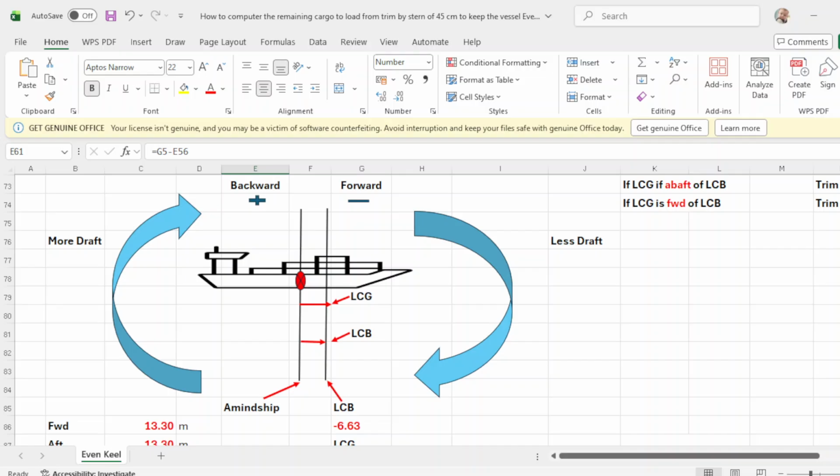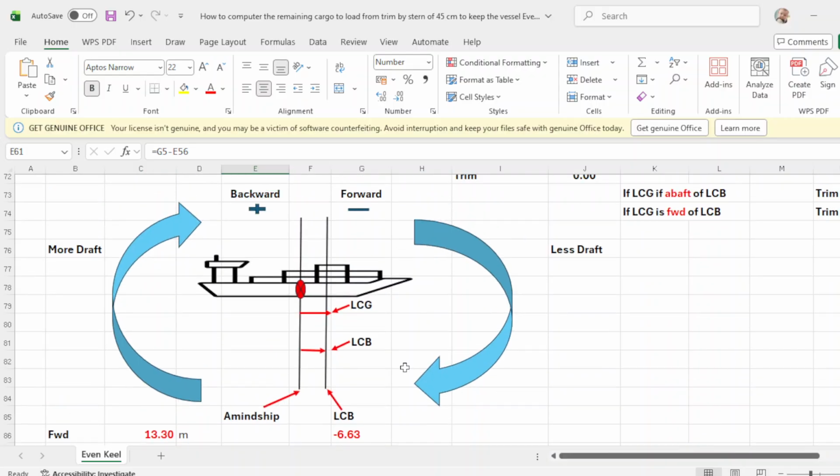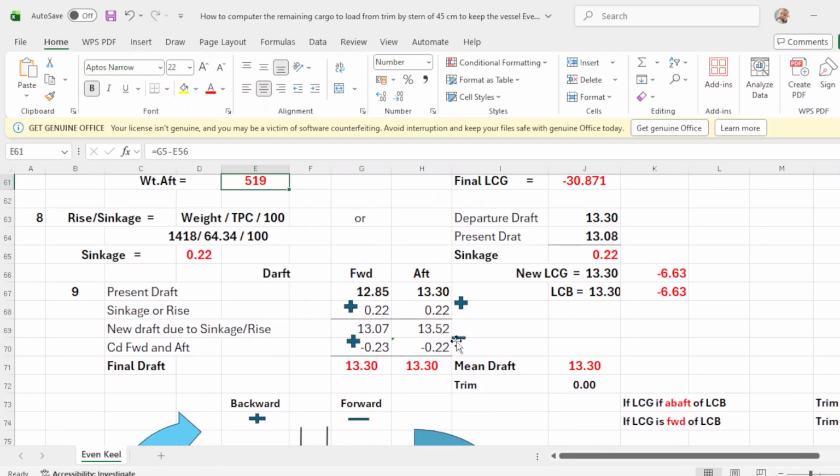That's why your LCG, which is measured from amidship going forward, which is negative 63, so they are now in a vertical line, and there is no trim. Forward is 13.30, aft is 13.30, mean is 13.30, trim is 0, and they are now even keel, according to our equation here.